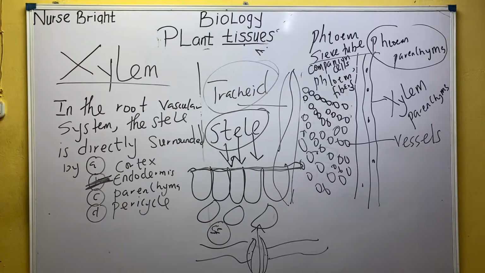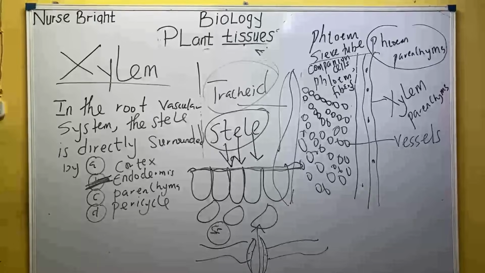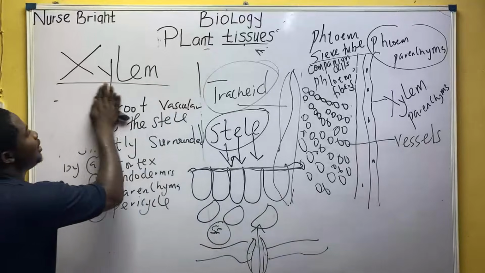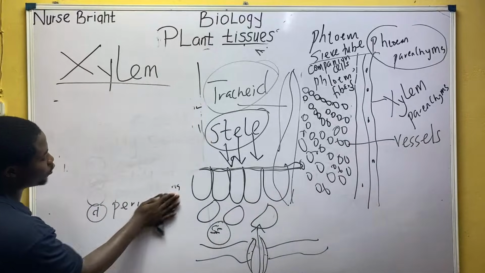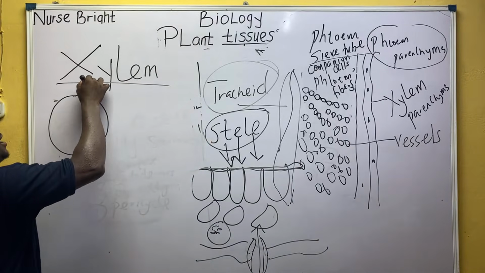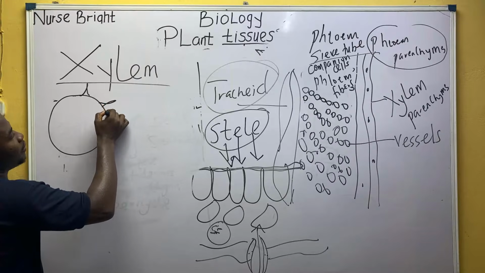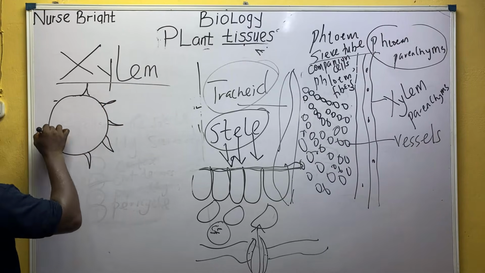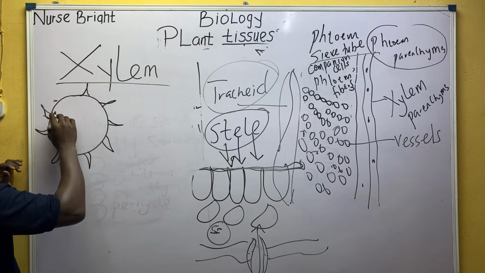If the xylem is arranged like a ring, everybody, listen. Let's say we have a root structure now, which we all have understood, right? So this is one root. There are hairs all around, like hair structures. We have layers of it.